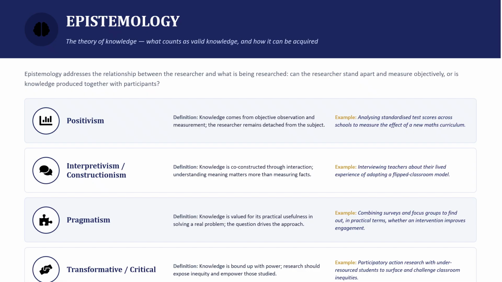For example, analyzing standardized test scores across schools to measure the effect of a new math curriculum. Supposing that you are going to introduce a new curriculum and you're going to see how effective it is. You implement that for some time and then you give a test to the students. According to the test scores, you can decide whether that particular curriculum is effective or not.